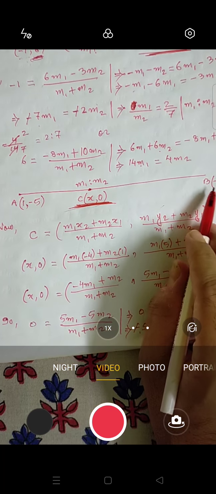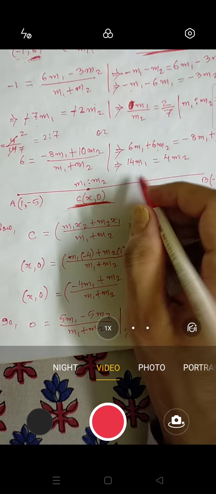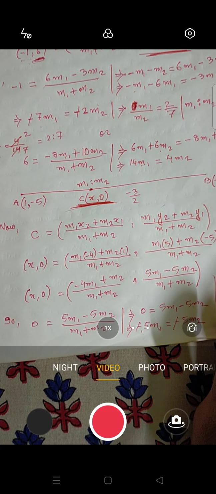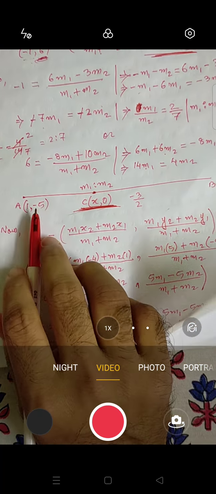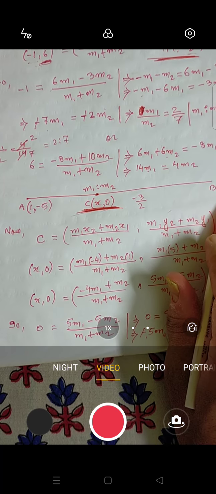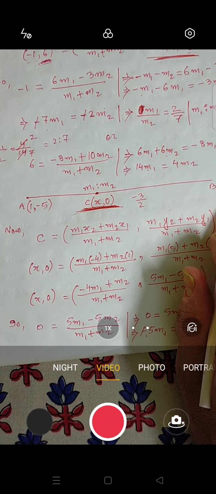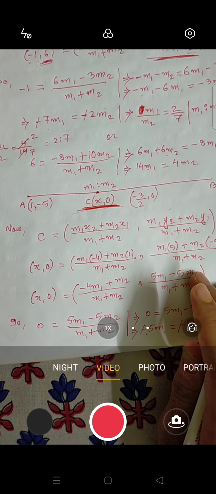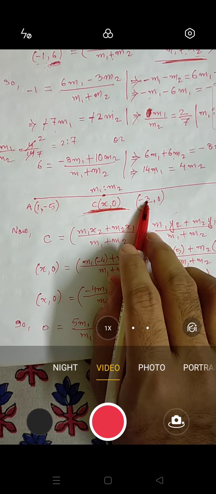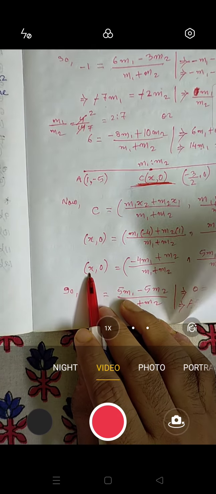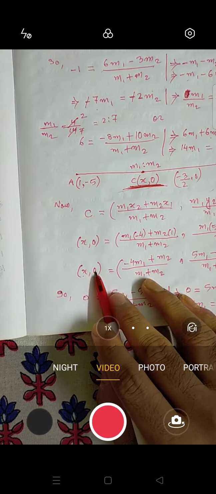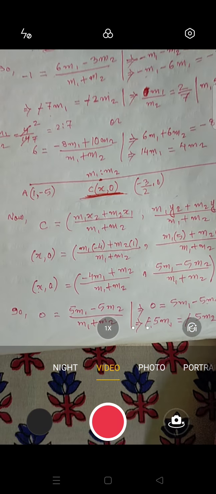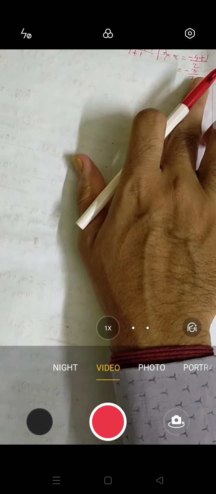So x1 plus x2, you will be getting minus 3 by 2. And then y1 plus y2 by 2. So minus 5 plus 5, 0 by 2 is 0. So you are getting this coordinate. That means the value of x is minus 3 by 2 and y is 0. We are getting the same result. So we got x is equal to this much and y is 0.